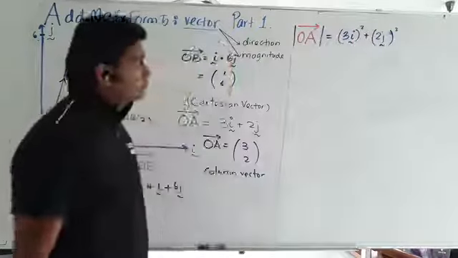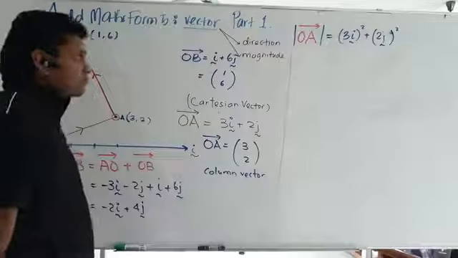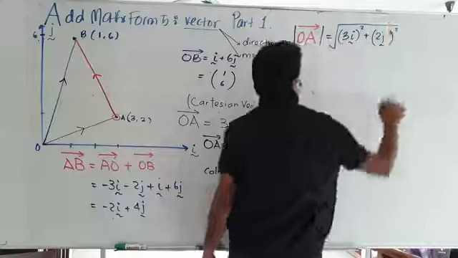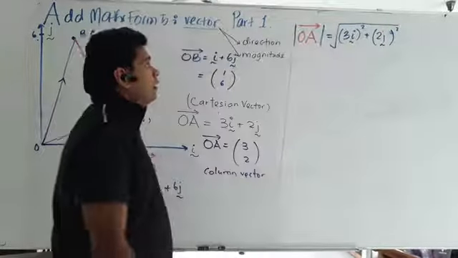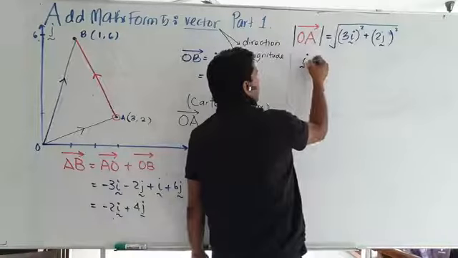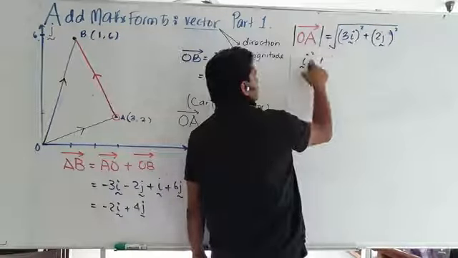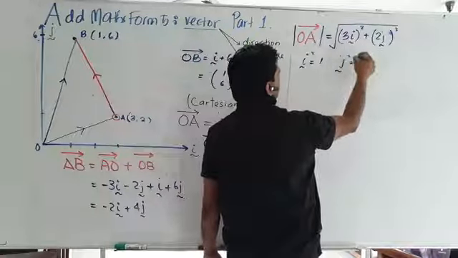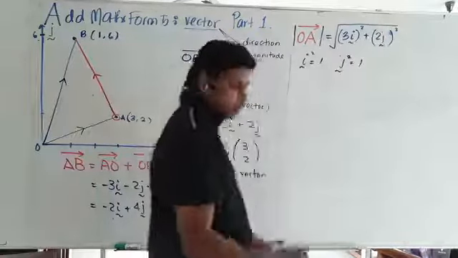You see that? Right? And then square root. Now, i squared is 1. j squared is also 1. You get it?